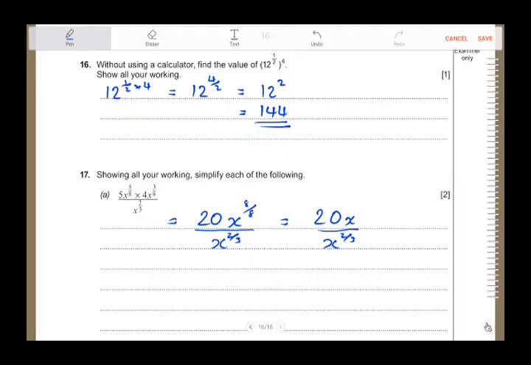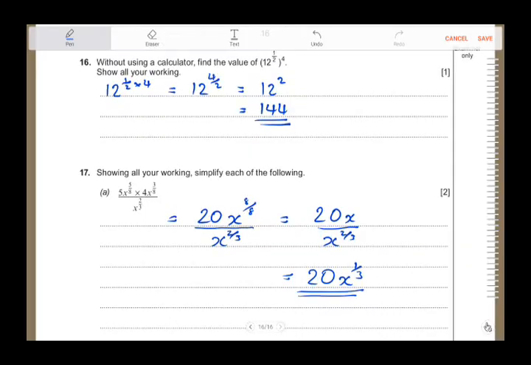We can divide those two, and when the base is the same, we subtract powers. So 1 take away 2/3 is 1/3. So that's what we're left with, and that is the final answer.